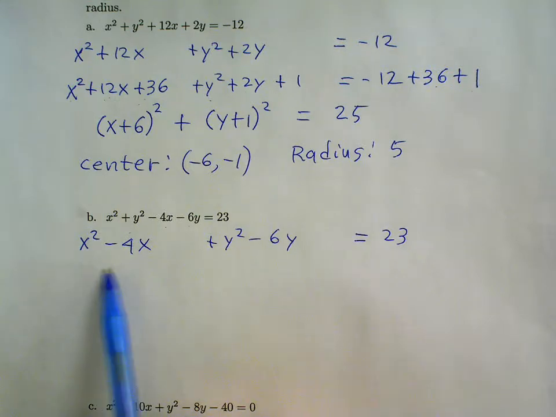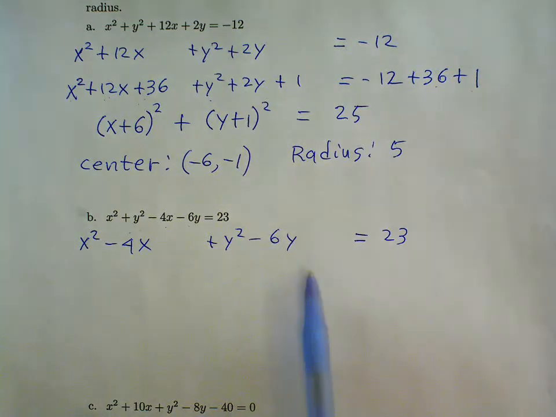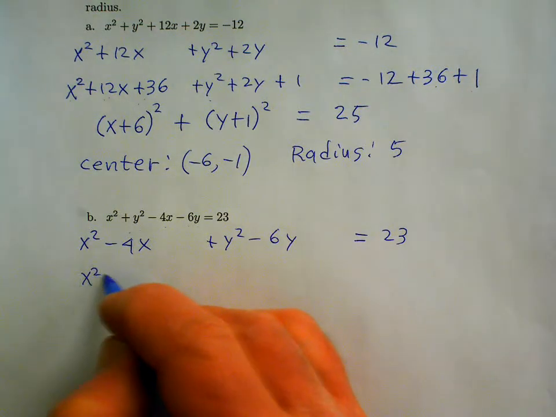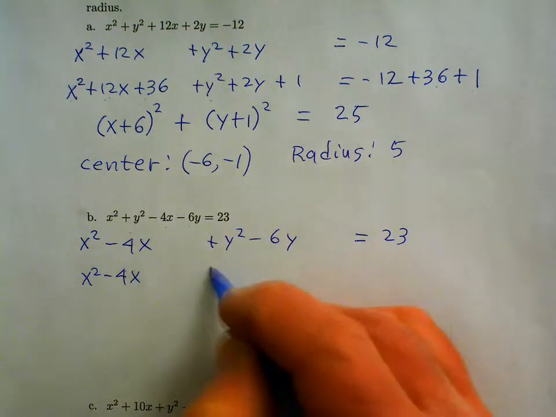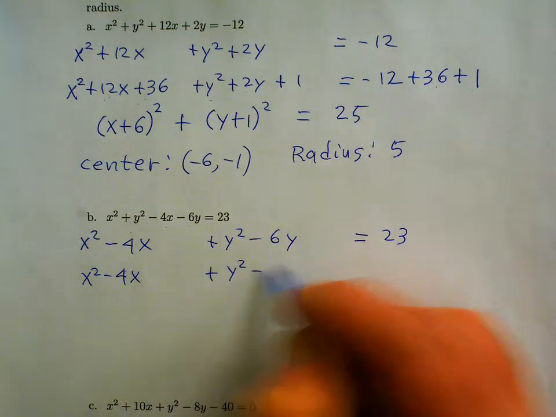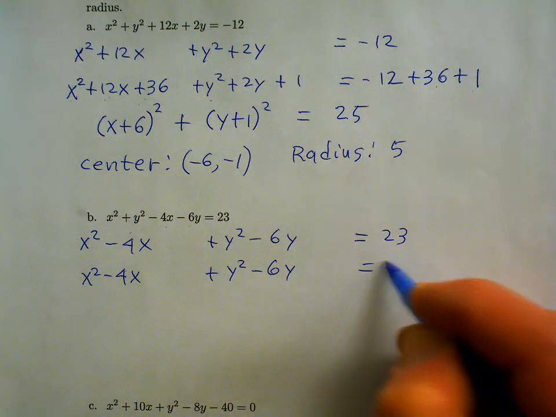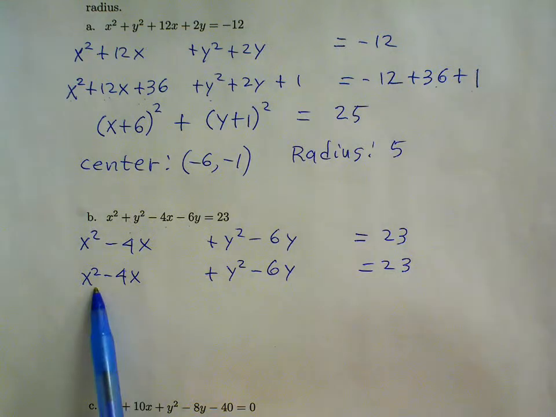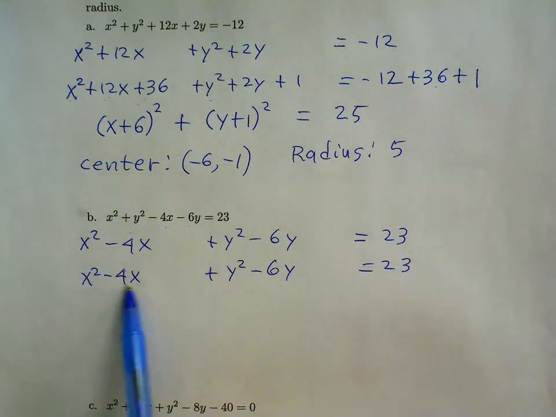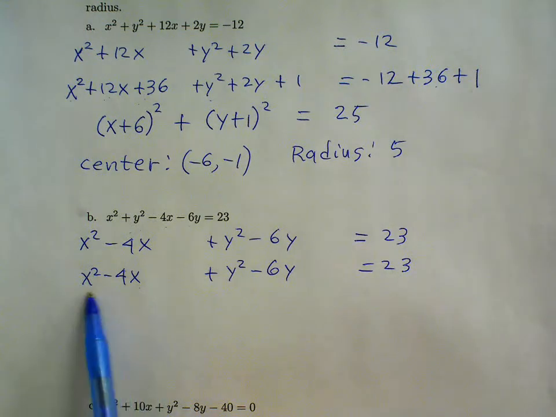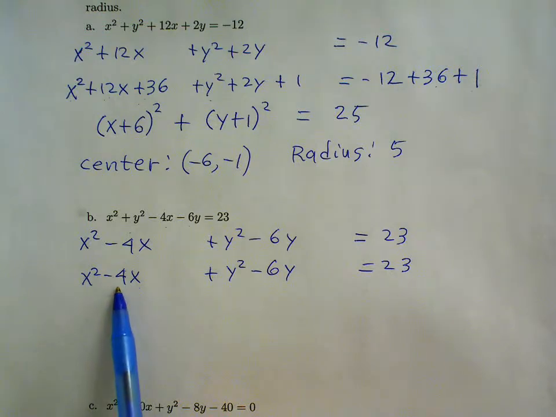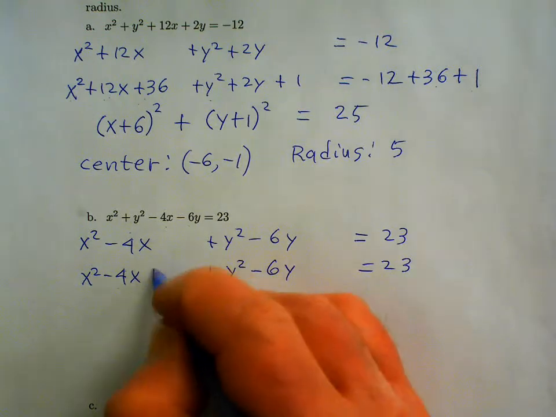And then we're going to create 2 perfect square trinomials. So we're going to add 2 numbers to both sides of the equation. So first focus on x squared minus 4x. Half of -4 is -2. When you square -2, you get +4.